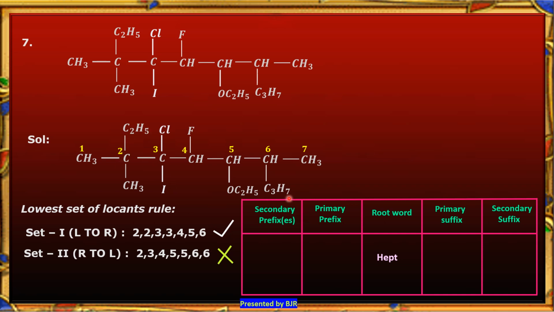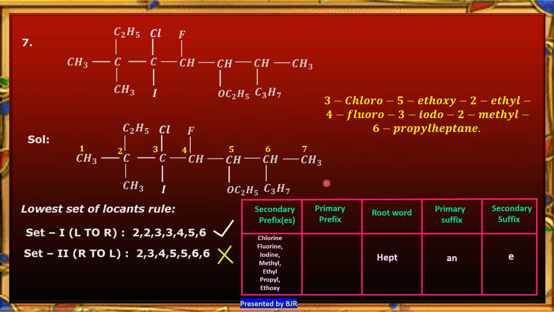Here so many substituents are there. Ethyl, this one is chloro, fluoro, iodo, and this one is ethoxy, alkoxy group, that is ethoxy, and this one is propyl. Okay, so these are the secondary prefixes you see here, and the name of this compound is, I am writing this name according to the alphabetical order.